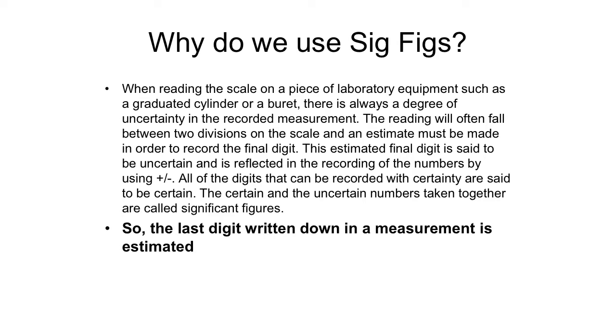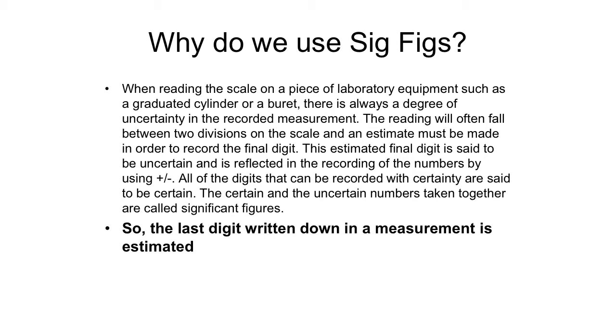The reason why we use significant figures is because we need to talk about the precision of our measurements. When we measure the mass on the balances, our balances go to 2 decimal places, and you'll notice that that last decimal place, which represents 1/100th of a gram, shows a lot of fluctuation.